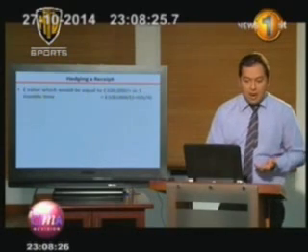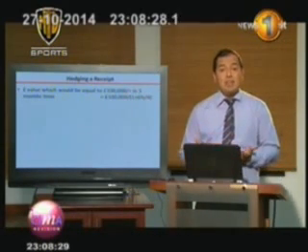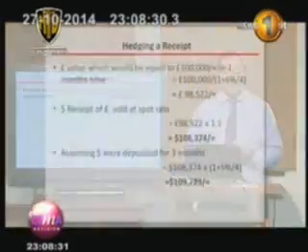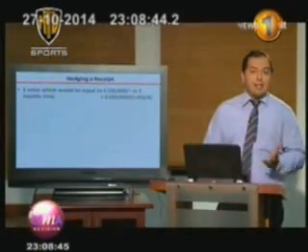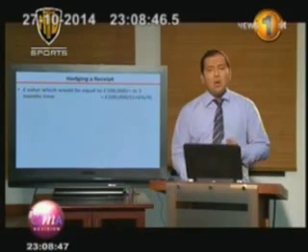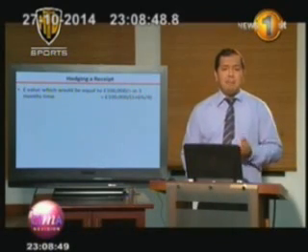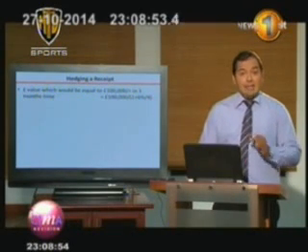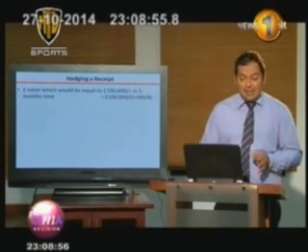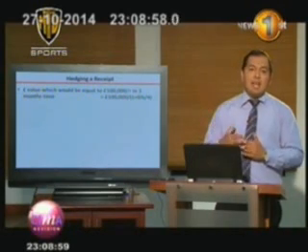So what have we got to figure out? How much is the loan I should take now which would be equal to £100,000 in 3 months' time? Will I borrow £100,000, less than £100,000 or more than £100,000? I would borrow less. Why? Over a period of 3 months, the loan would accrue interest. As a result of the loan accruing interest, the value of the liability would increase.